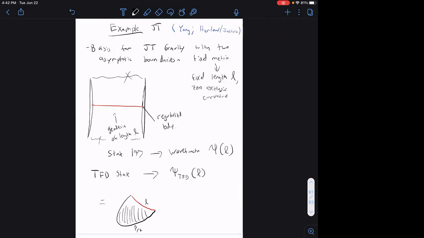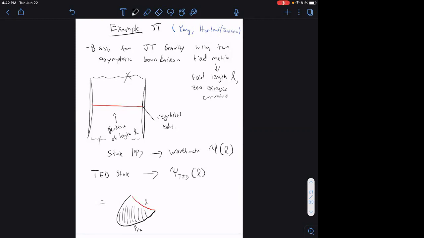So we want to talk about this state, the two-sided black hole time equals 0 state, which lives on a slice here, which I've drawn in red. And we want to describe that state in some basis, so we can calculate its wave function. A nice basis for JT gravity is states where we fix the metric along a slice of zero extrinsic curvature.